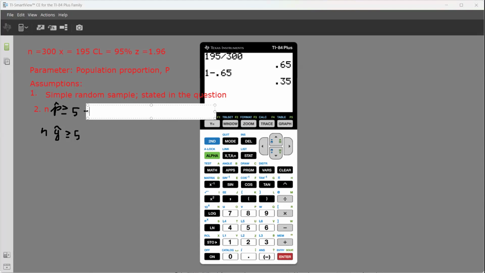I'm going to say P hat is 0.65 times my sample size, which is 300, which we should know already because what we got there was 195. So this is 195, which is, yes, greater than 5. So yes. Now we have to test the second part.